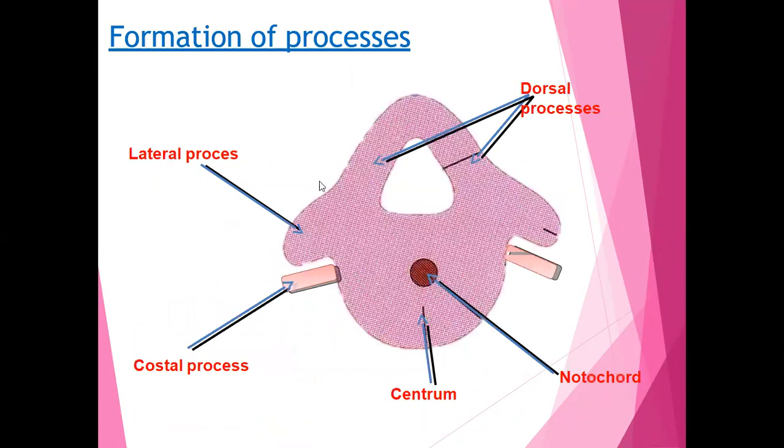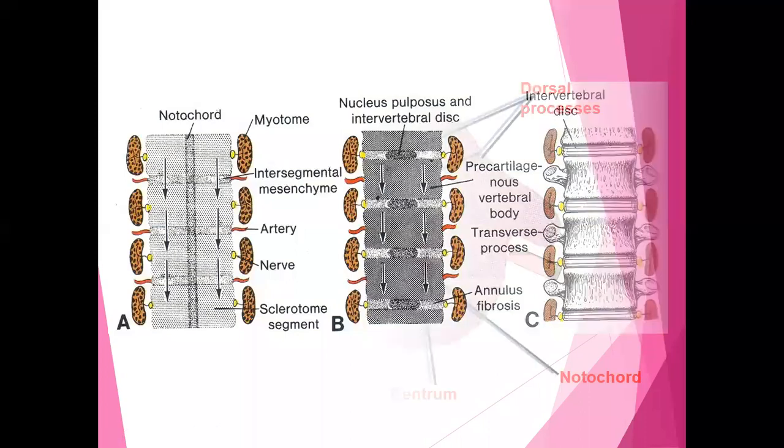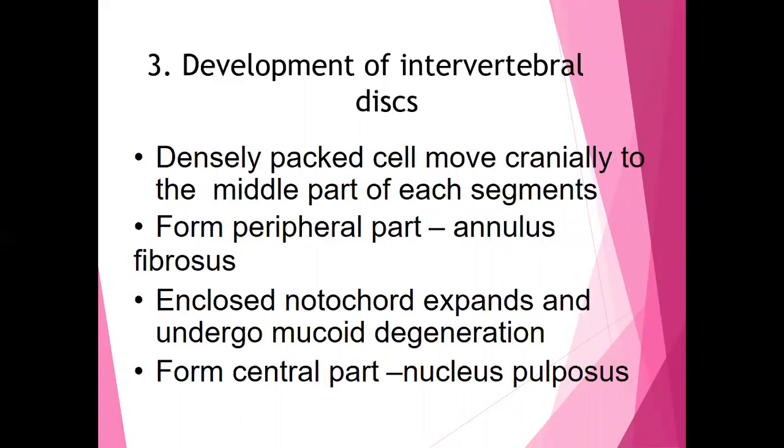Here you see this is behaving anteriorly less condensed, while posteriorly it will be more condensed, and thus they will join together and give rise to the vertebral disc. Densely packed cells move cranially to the middle part of each segment.